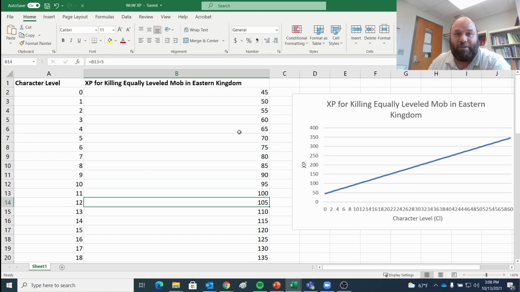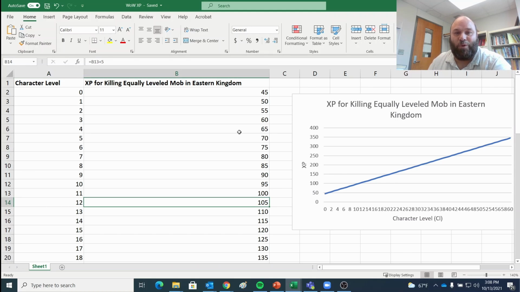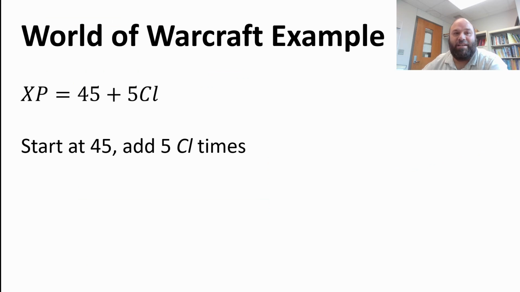Similarly, I'll go down to 12. How many times do I add 5 to 45 if my character's level is 12? Why, 12 times. Well, what does that mean? Well, that means I take my 5, I multiply it by the character level 12, and that will get me 60, and then I add that to 45, which is where I start from, and that gets me 105. This is exactly what this equation tells you to do.